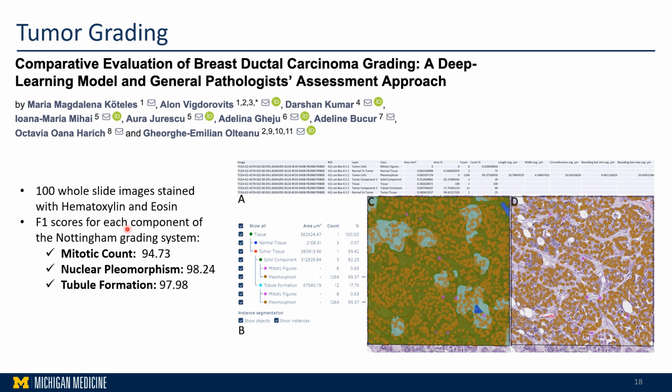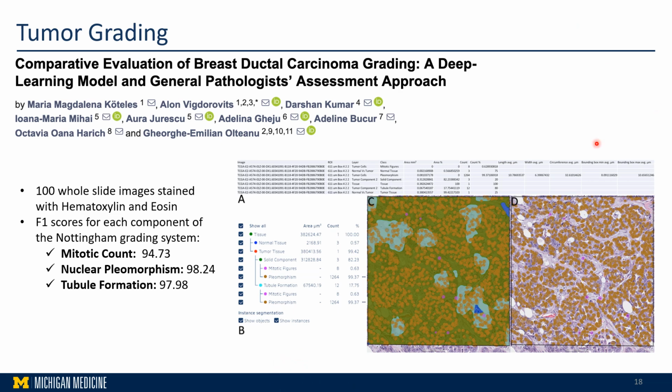The module successfully scored all components of the grading system with impressive accuracy, achieving F1 scores of 94.73 for mitotic count, 98.24 for nuclear pleomorphism, and 97.98 for tubular formation.